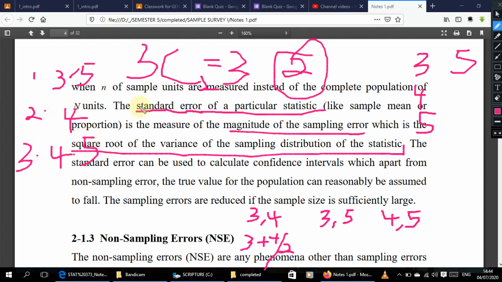These values 3.5, 4 and 4.5 are the x bars: x bar 1, x bar 2, x bar 3. These are my statistics.